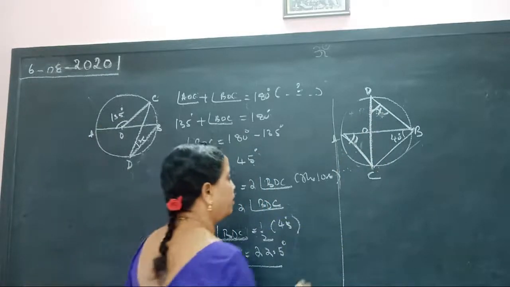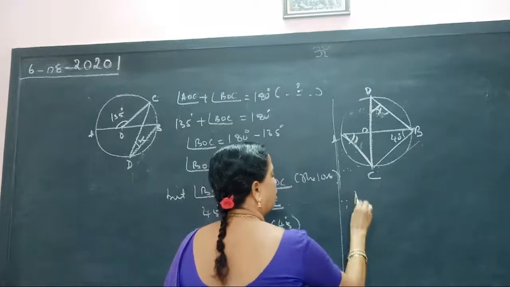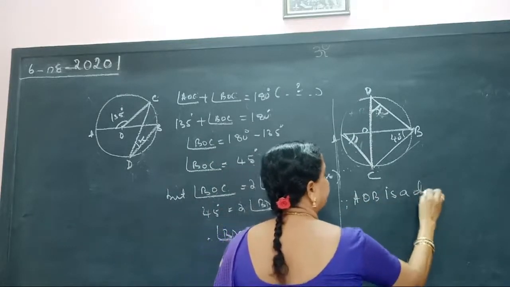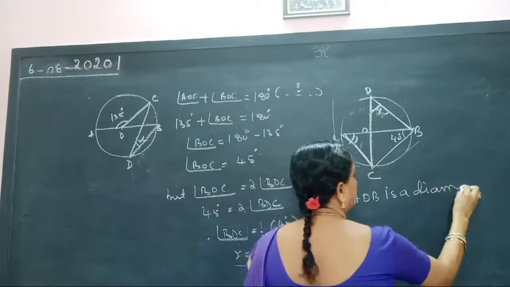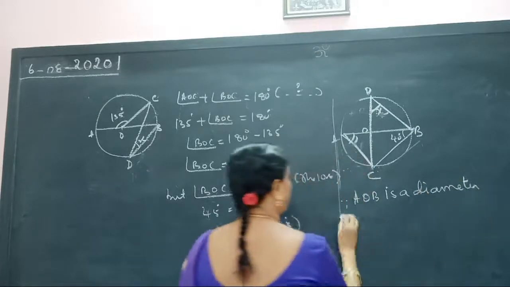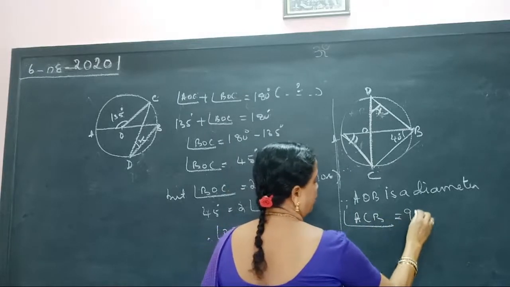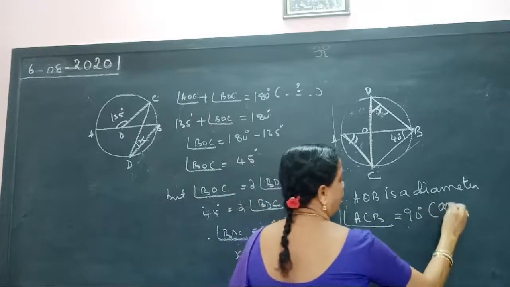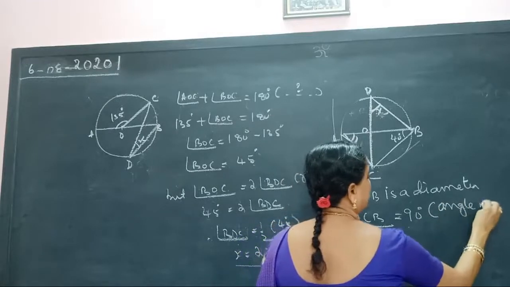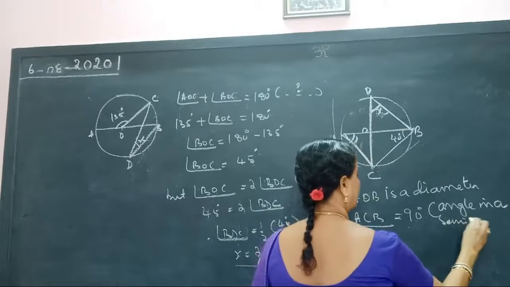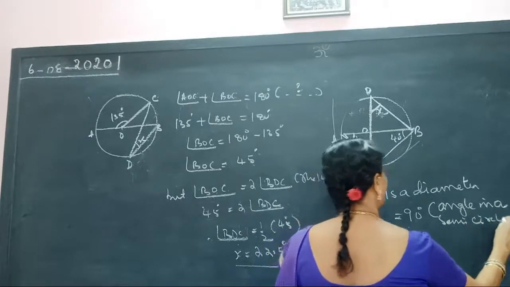So now write first, since AOB is a diameter, angle ACB equals 90 degree. Angle in a semicircle.